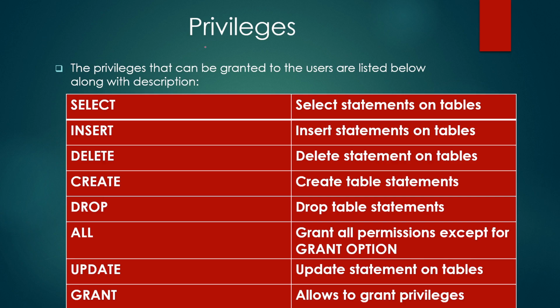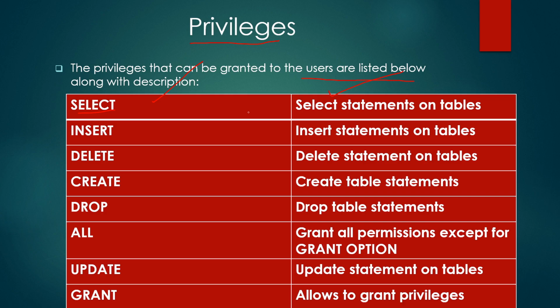So these are the privileges that can be assigned to a user. The privileges that can be granted to the users are listed below along with their description. This is the privilege name and this is the description. So the first is select. Select statements on tables. Now there are several statements in SQL that we have to study.